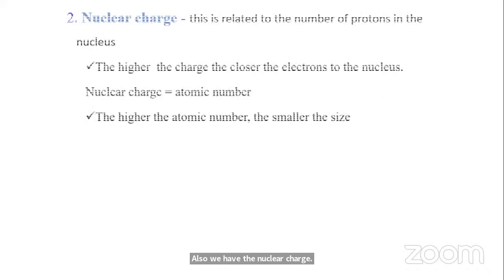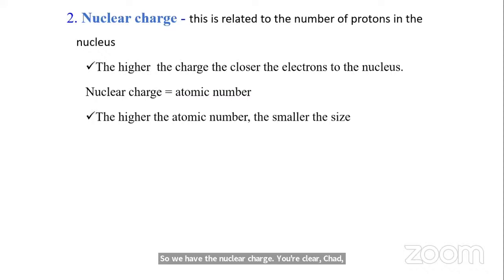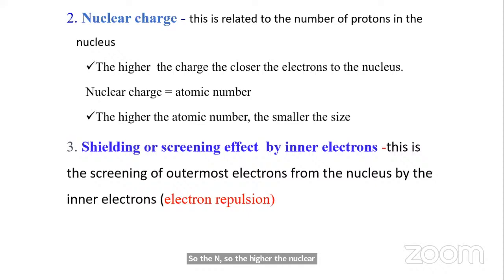The nuclear charge, loosely put, is the number of protons or the atomic number of the atom. Now, the higher the nuclear charge, the closer the electrons are to the nucleus. As I said, loosely put, it is the same thing as the atomic number.